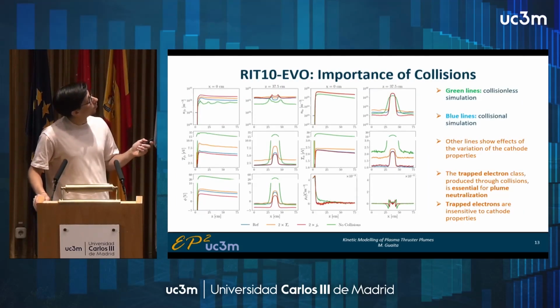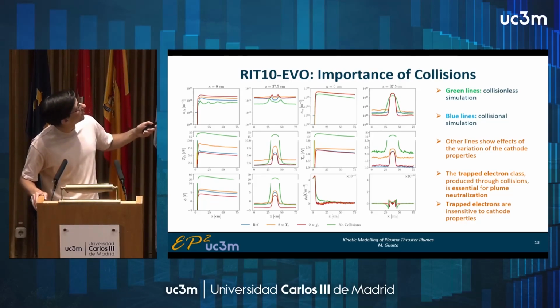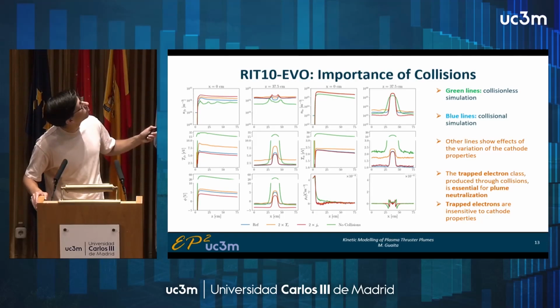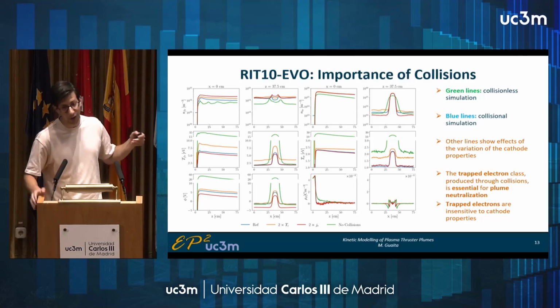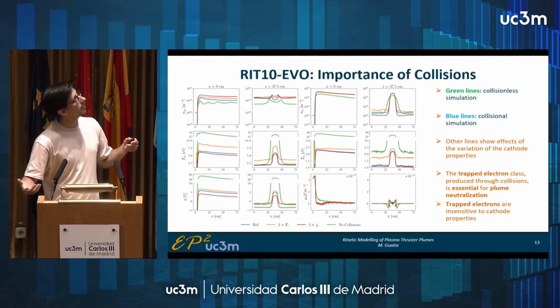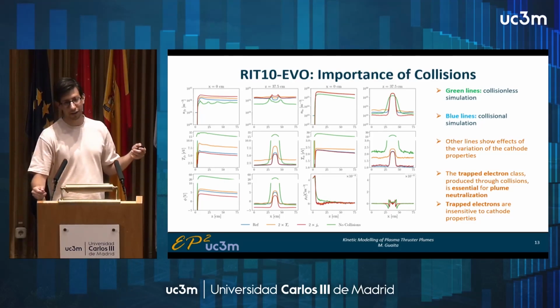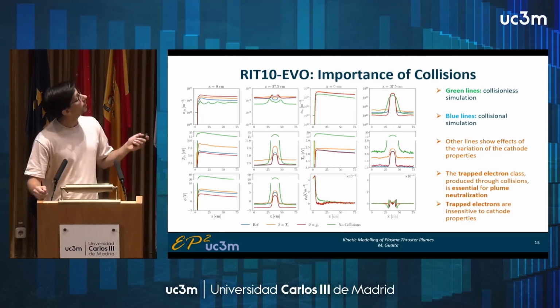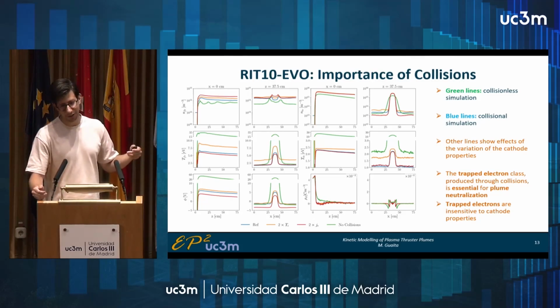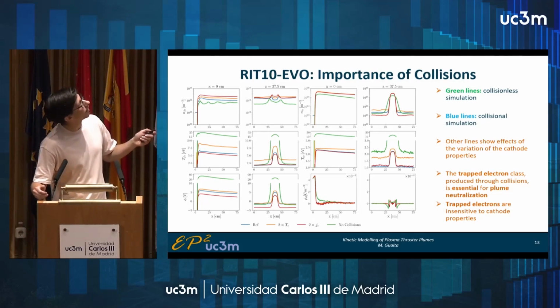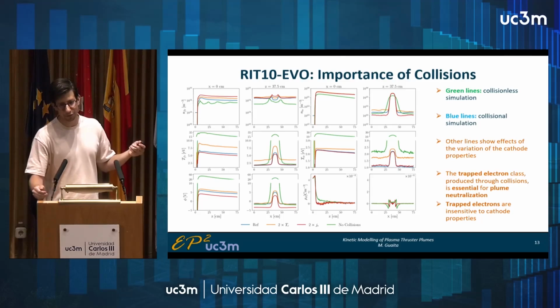And you can see this from here. Again, too much information, but let's just look at this plot, which is the axial plot of the density of trapped electrons, so along the plume axis. The green line is the trapped electron density without inelastic collisions. The other lines are all including inelastic collisions. So you can see here that the trapped electron density is an order of magnitude lower.